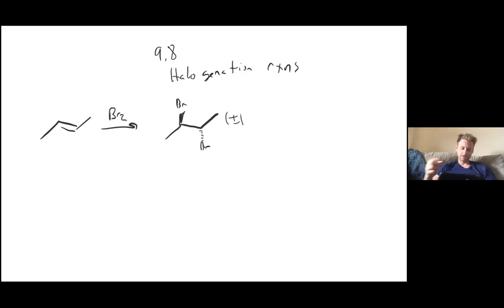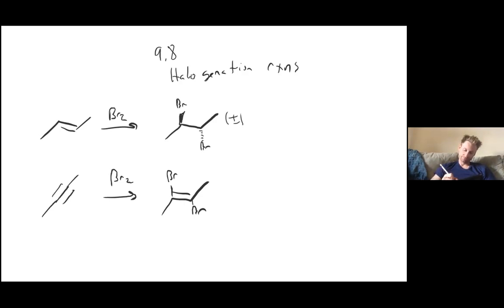We could do this with an alkyne. It's going to do exactly what you expect. It's going to initially dibrominate, and then if we throw it in again, we can tetrabrominate.